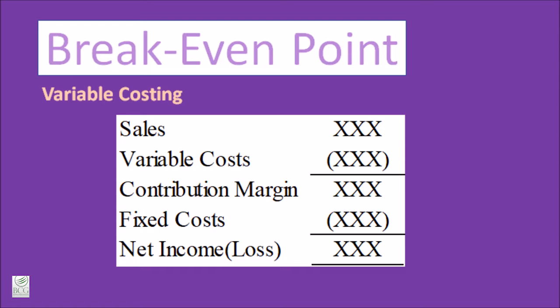So just remember the distinction between the variable cost and the fixed cost. The distinction is their behavior. Variable cost changes relative to the number of goods sold, while fixed cost remains fixed regardless of how many units or items you have sold or produced.